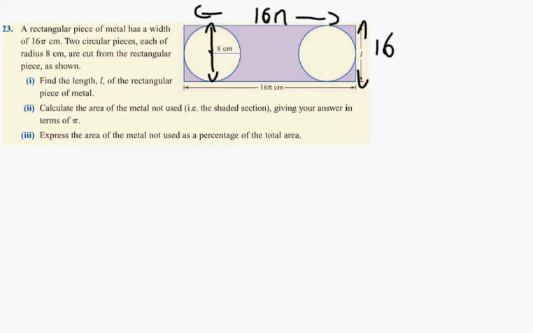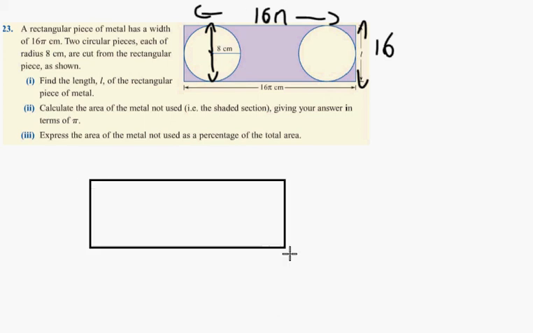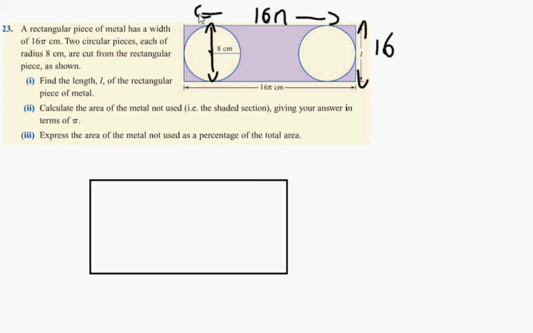What we're going to do is get the area of the metal that is used. So the area of the rectangle first is going to be 16 by 16 pi. 16 by 16 is, I think, 256. Yeah, 256 pi. Now what we have to do next is take away the circles from that.